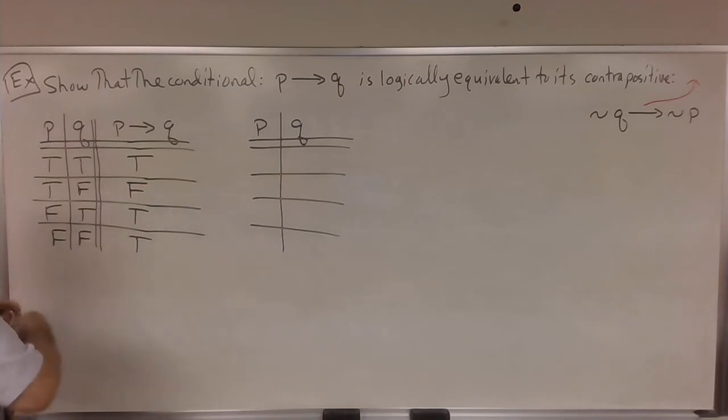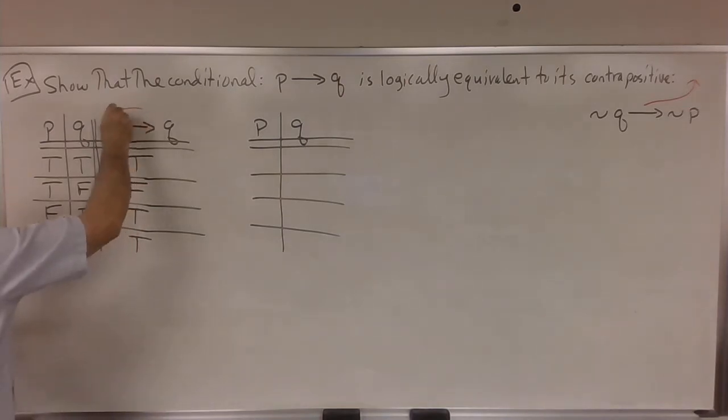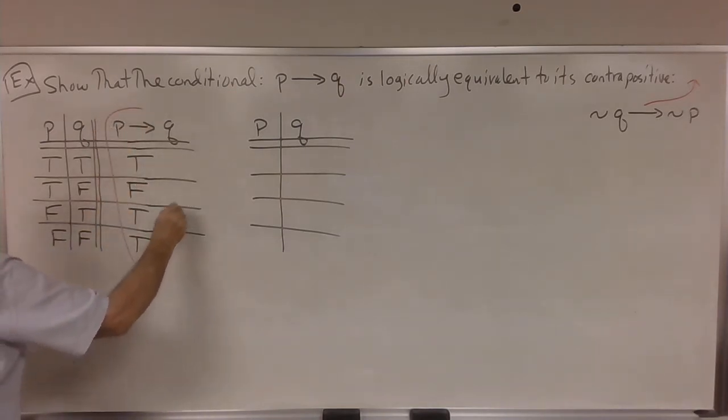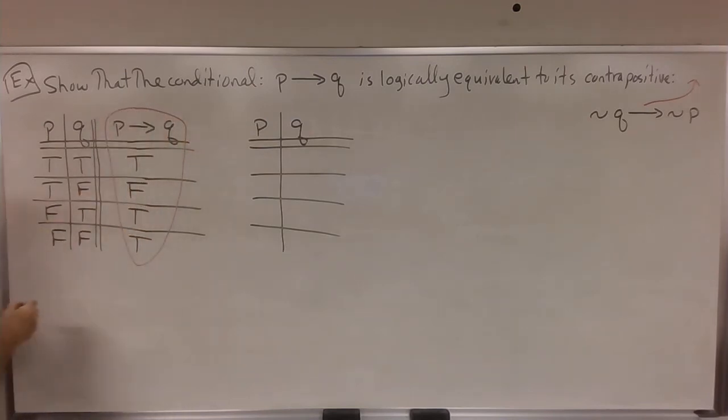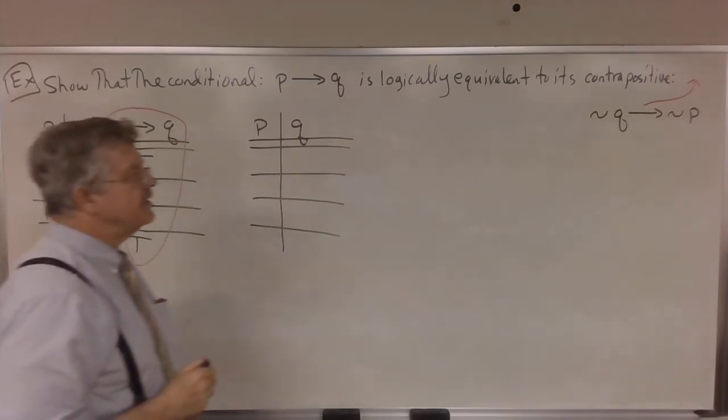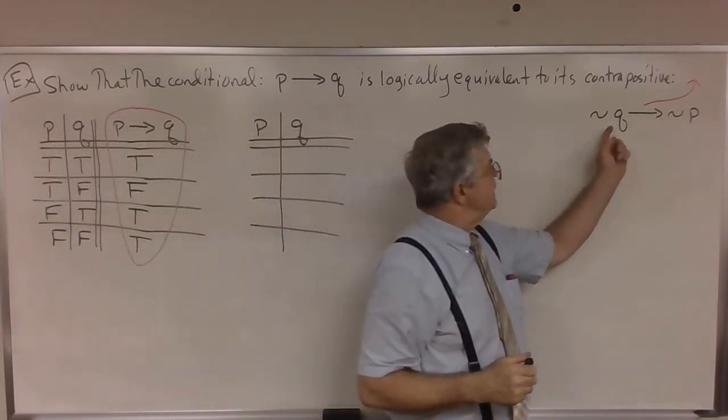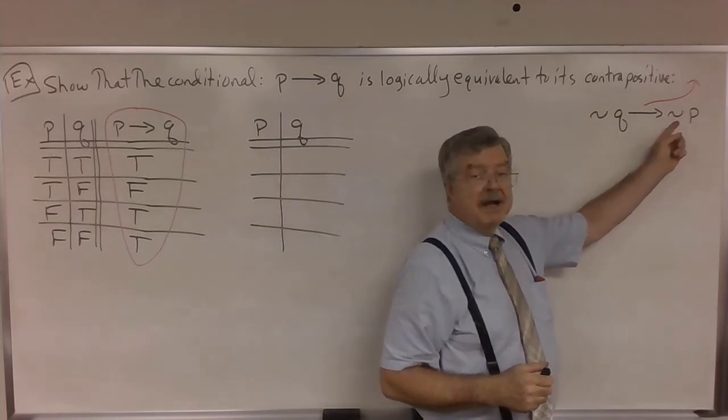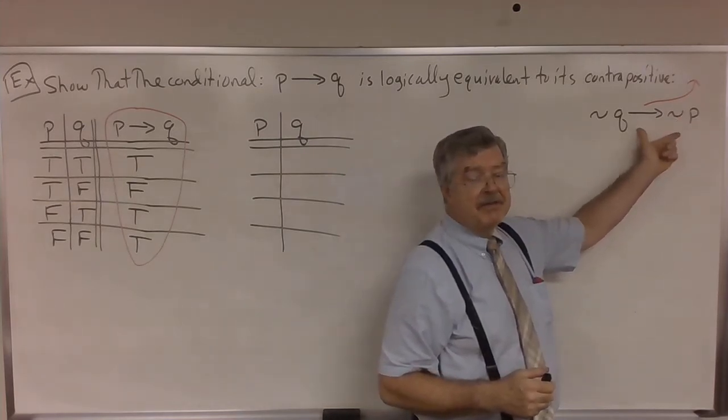And before I start on that, let me just finish up and circle the column of truth values for the statement P implies Q. Now it looks like we need not Q and not P before we can join them together.